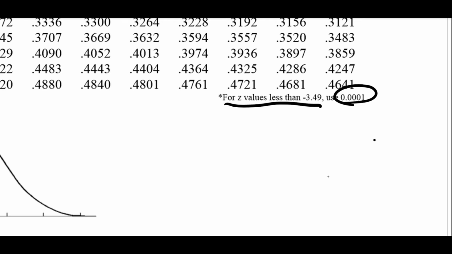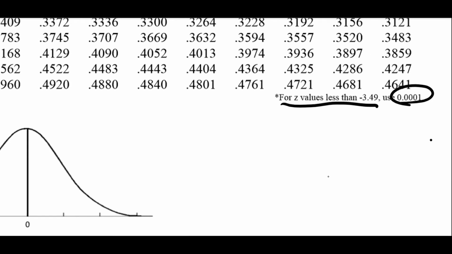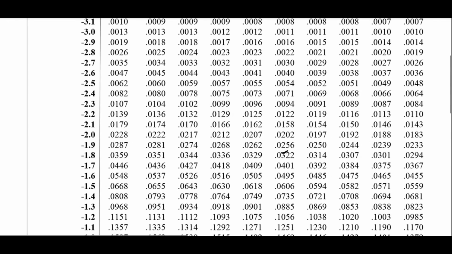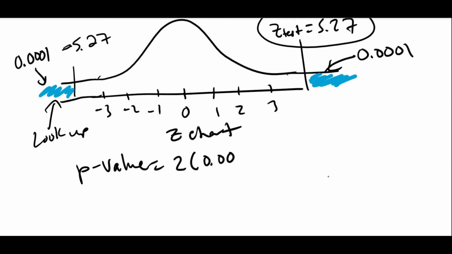So we're going to use 0.0001 as our area to the left. That's my area. That means that this is also going to be 0.0001 because they're both the same area. So the p-value is when you combine those two together, which basically doubles it. So that's going to be 0.0002.